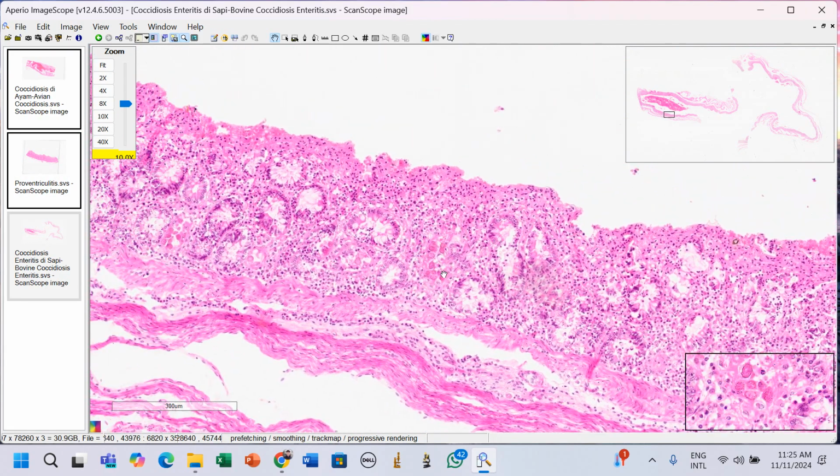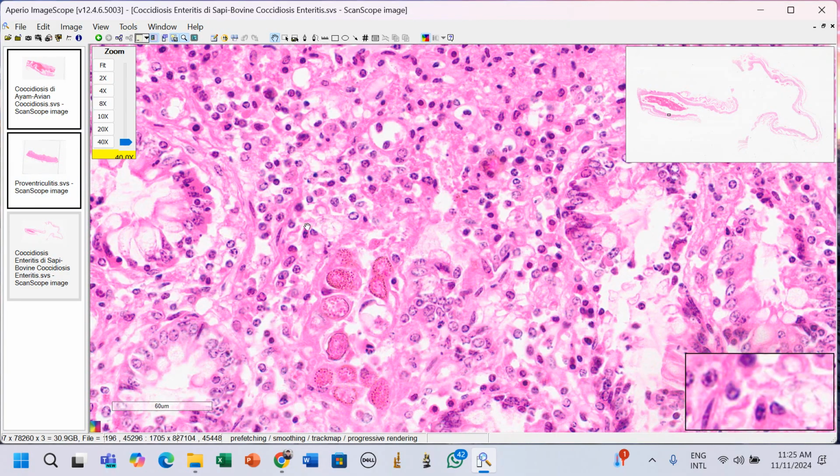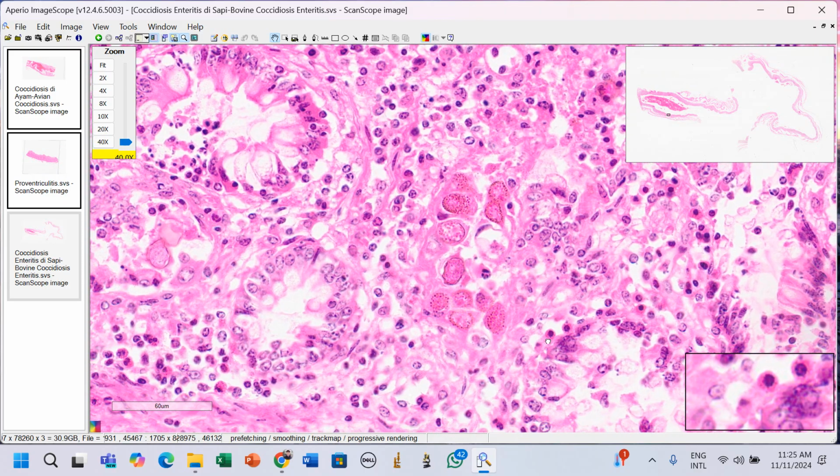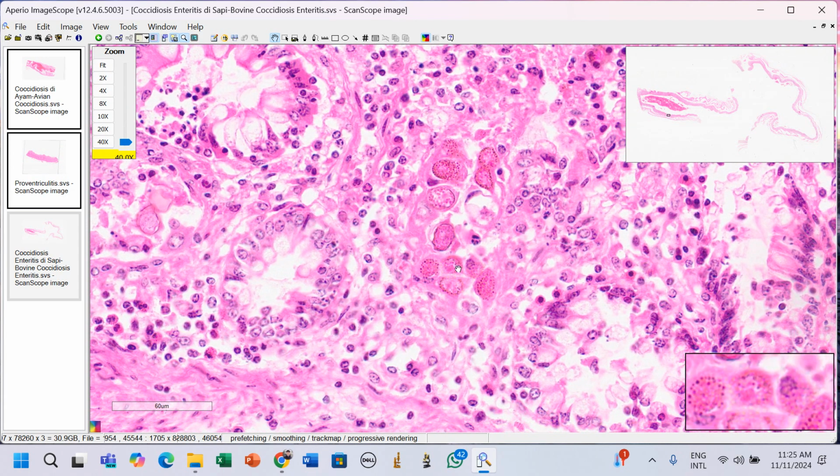Okay, you can also focus on an area like this. If you look inside the cells of the crypts, you can find lots of stages of the coccidia. But if you compare with the coccidia in the chicken, it's a bit different in cattle.